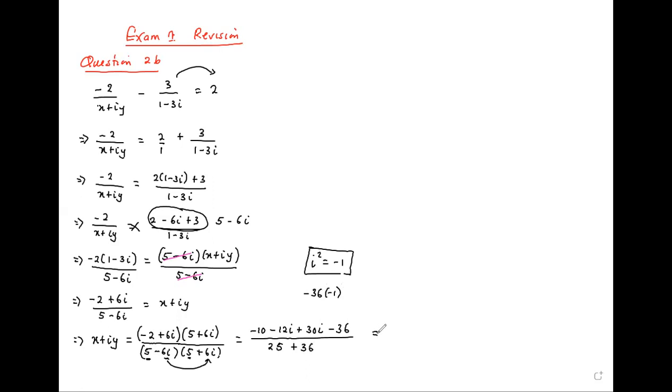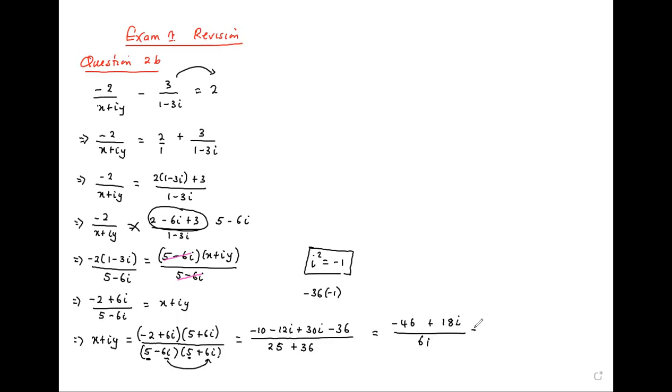Next, negative 10 minus 36 is negative 46, and then plus 30 minus 12 is positive 18i, over 25 plus 36, which is 61.